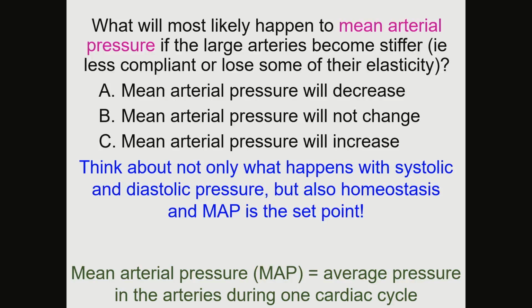Dr. Peoples talked about homeostasis, didn't he? Okay. And mean arterial pressure is our set point. So what will typically happen to mean arterial pressure if we have a less compliant tube?